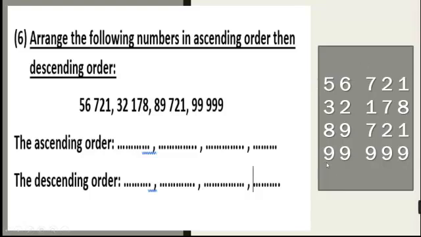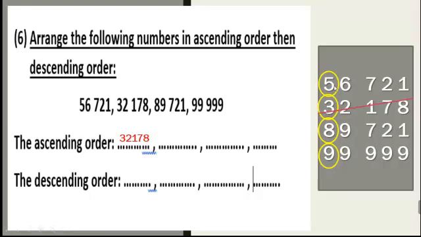So after we put them like this in their order, I will look at these numbers. They are all 5-digit numbers. I will look at the biggest digit, the biggest value in each number, which is 5, 3, 8, and 9. And I will compare between them. What is the smallest one here? It's 3. So 3 will be the first number. And I will cross it out so we will not be confused about the others.